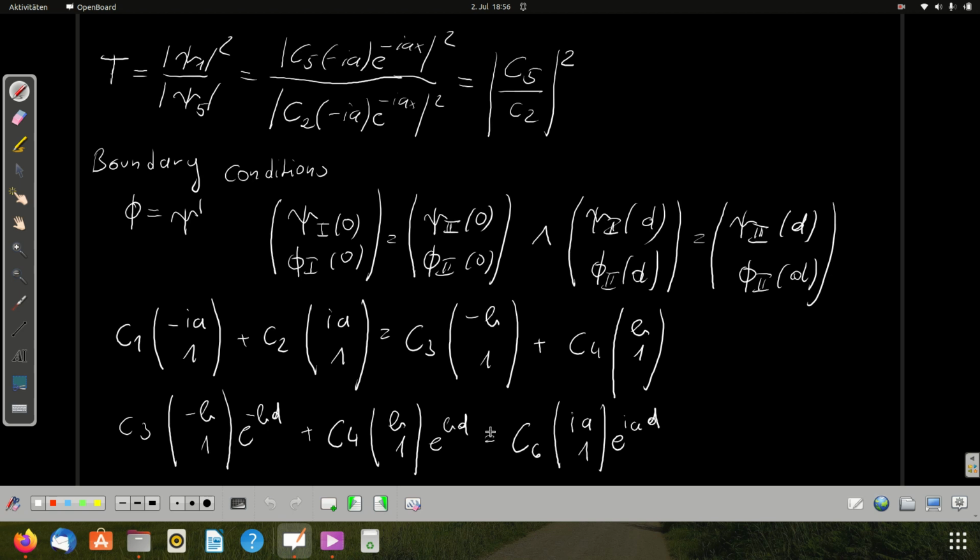So here we have two vector equations with vectors having two entries.